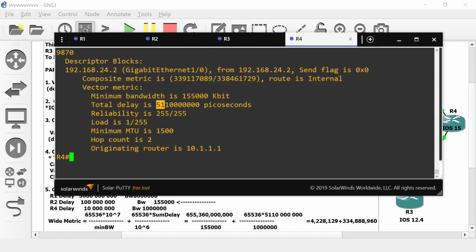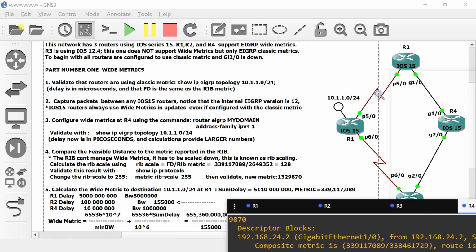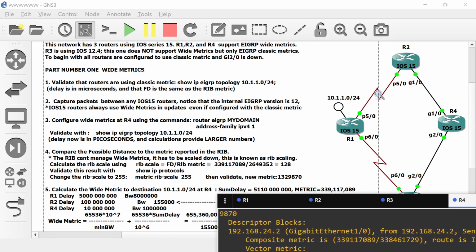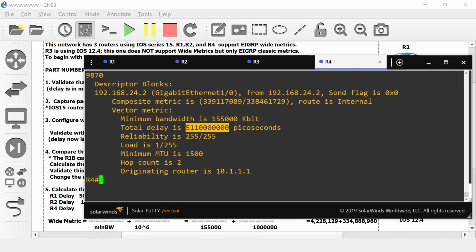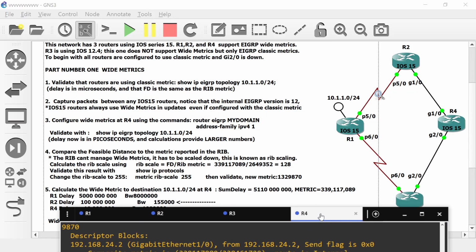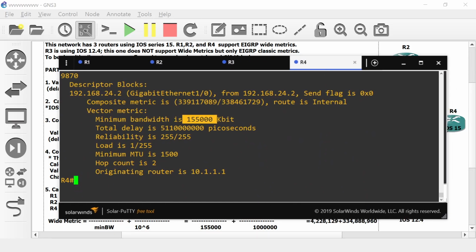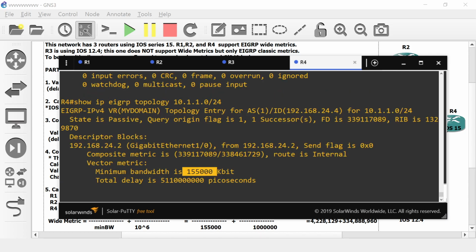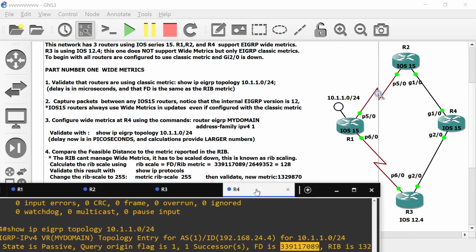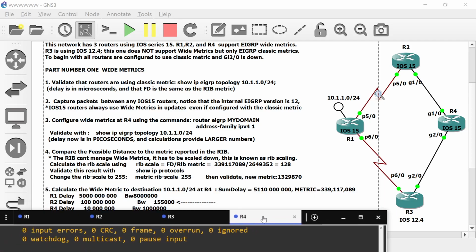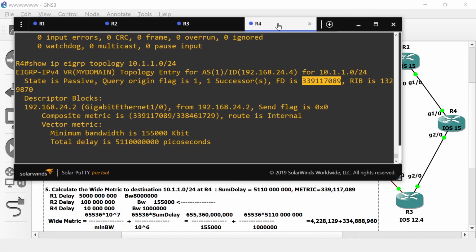This is the total delay. That is the same as the summation of the delay that we just calculated. The minimum bandwidth is this, so we agree on the same values, and this is the feasible distance, which is the same value we just calculated.